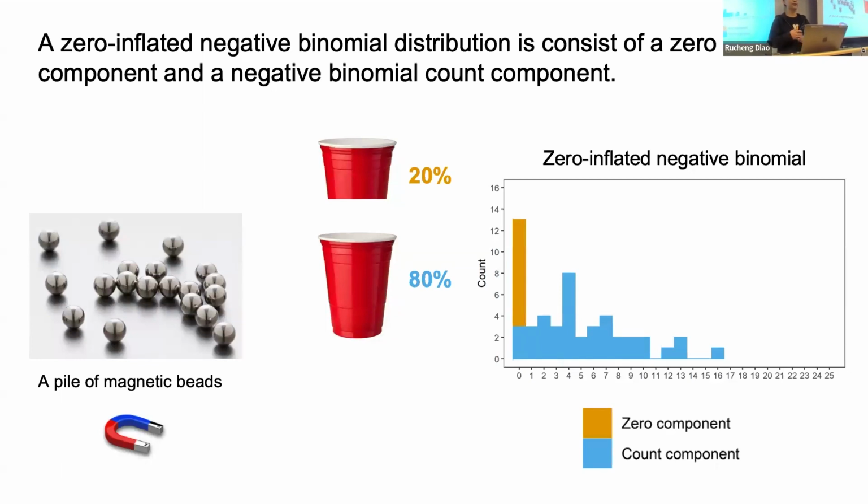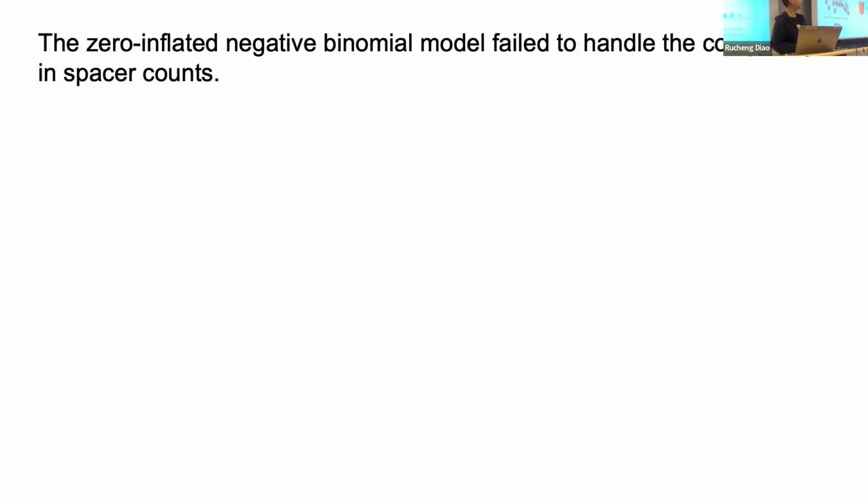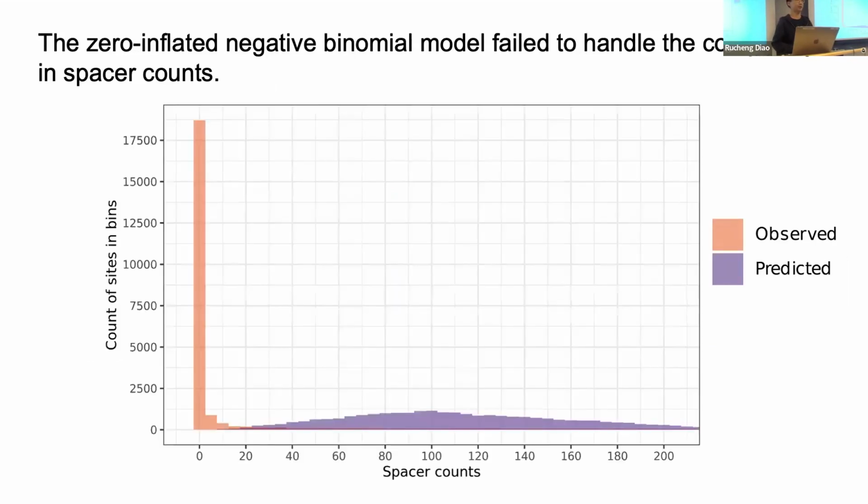This is the model we want to start with, given the excess of 0, and given that we are dealing with count data with a considerable level of dispersion. So we fit a zero-inflated negative binomial model and compare the observed spacer counts with the predicted counts.